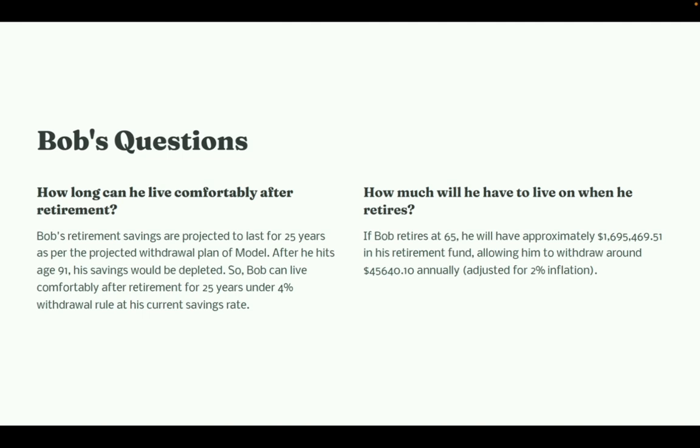Based on the Excel model we have generated, Bob's savings will last for 25 years. This means he can live comfortably until he's 91. How much will he have to live on when he retires? So with his current retirement savings of $1.7 million, he could withdraw around 45.5K annually, which is adjusted for 2% inflation.